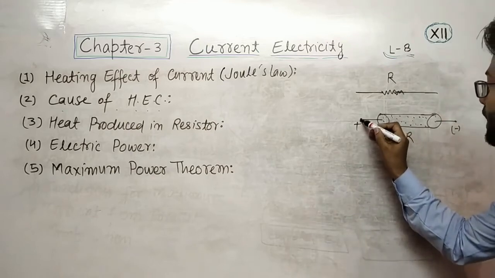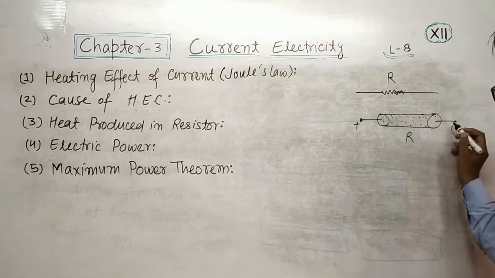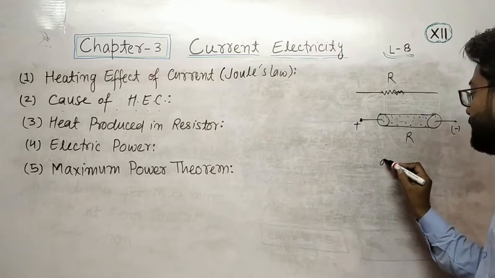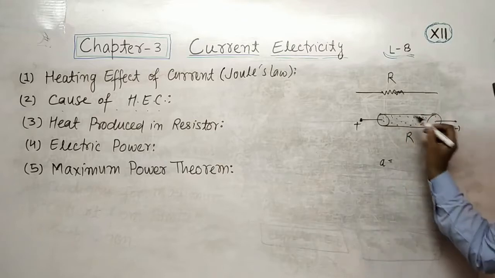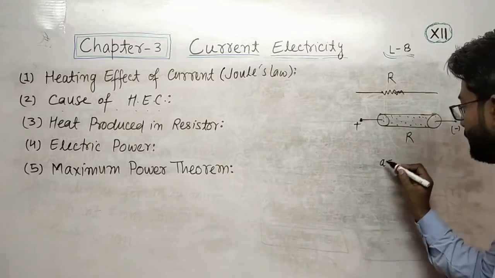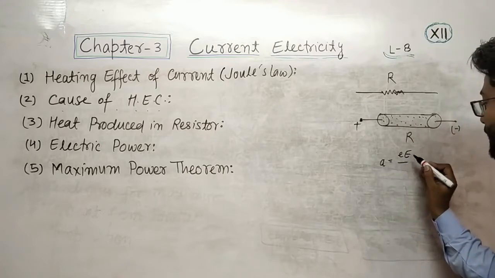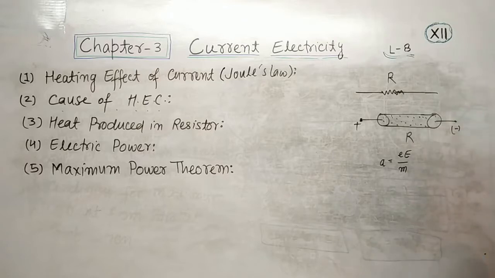That means when we apply a potential difference, the electrons inside the conductor will accelerate with eE upon m.